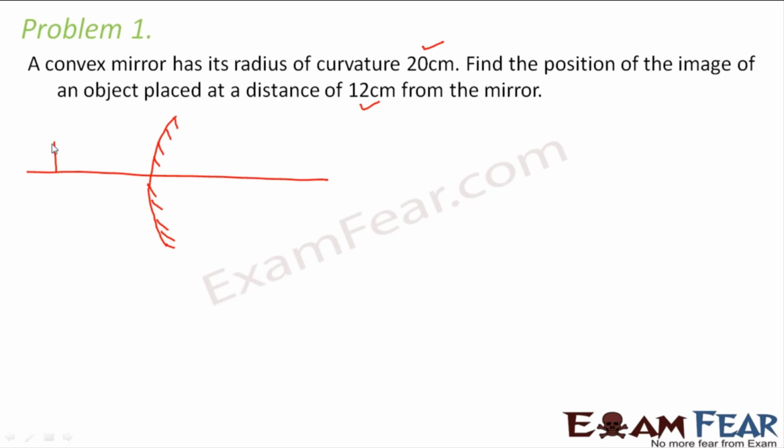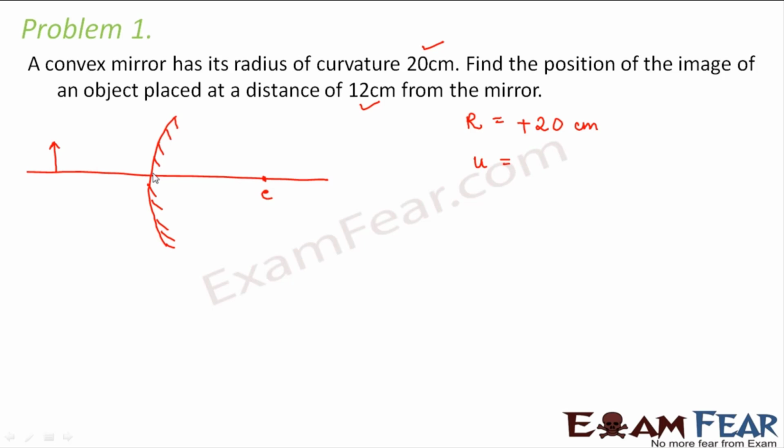So you have an object placed in front of this mirror. The radius of curvature, that is capital R, is given as 20 centimeters. So what would be the radius of curvature of this mirror? It would be somewhere here, right? So it is on the right hand side, so it will be positive.